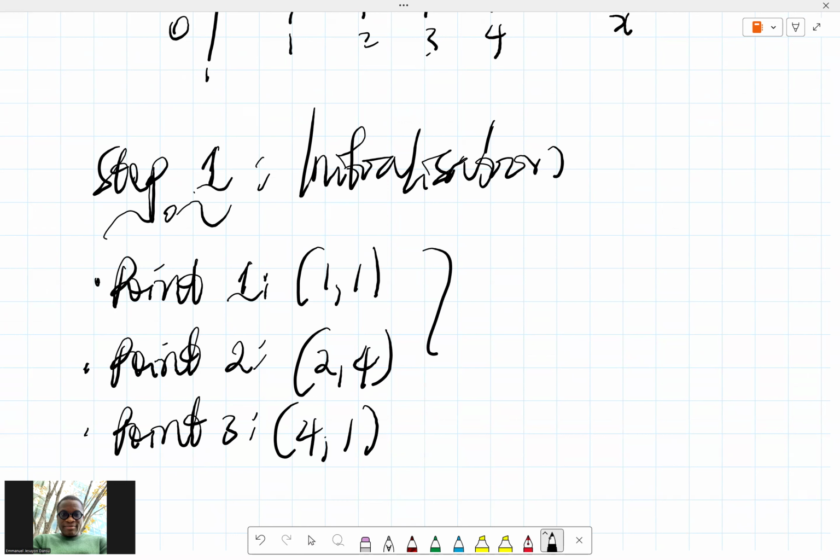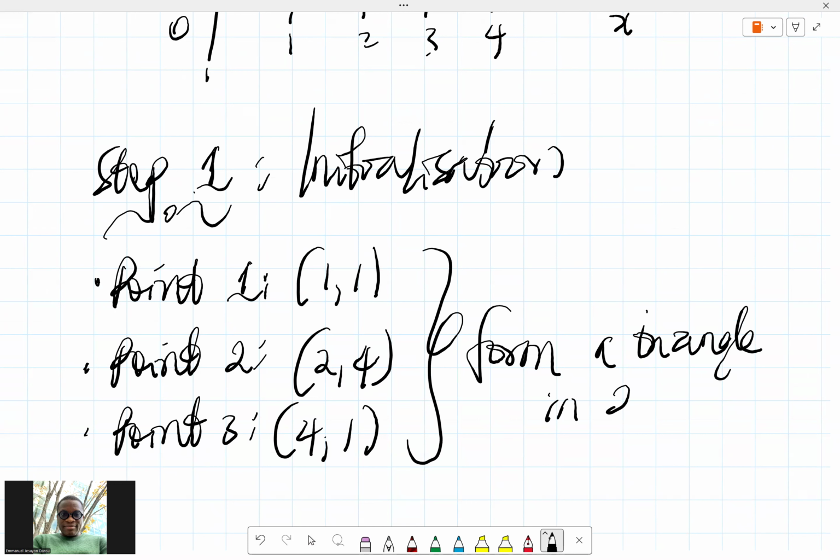You see all this forms a triangle in 2D. The 2D implies that we're talking about x and y, and that's what the function is about. If you don't have an initial guess, you have to guess by yourself.